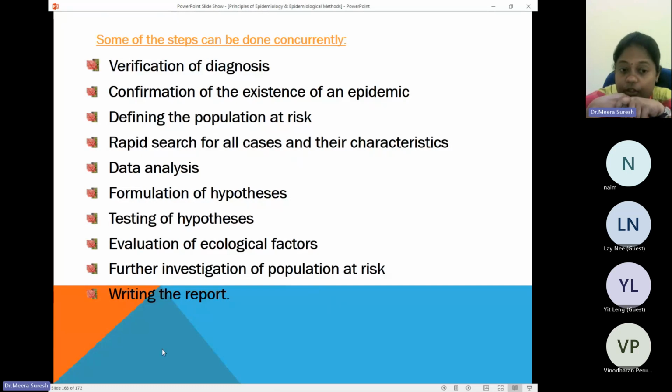Then formulation of a hypothesis, testing the hypothesis, evaluation of the environmental factors or ecological factors, further investigation of population at risk, and finally writing the report.